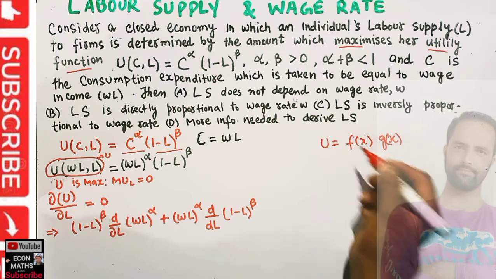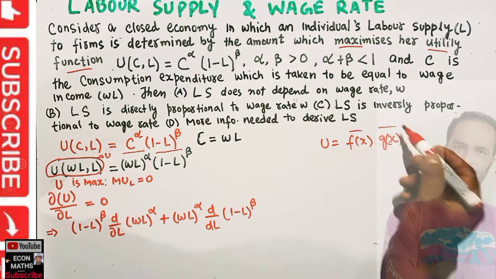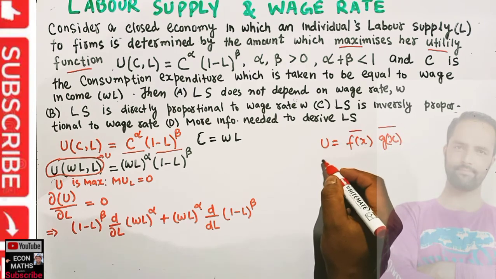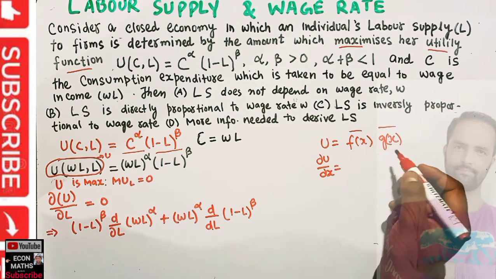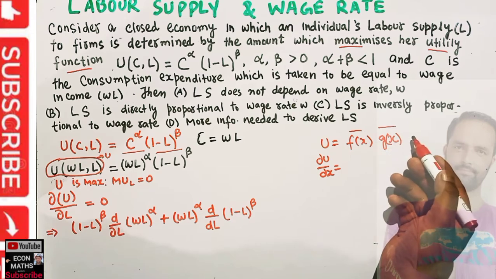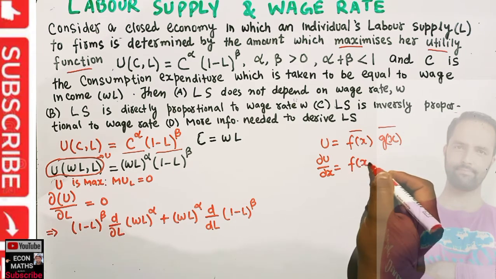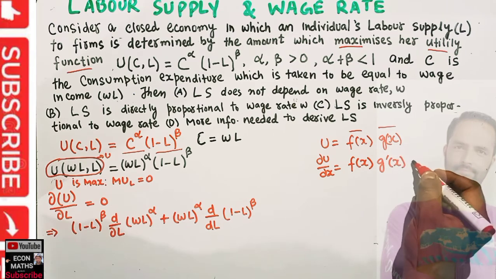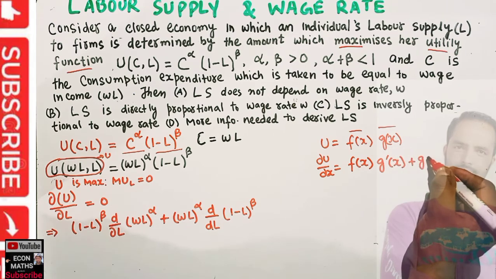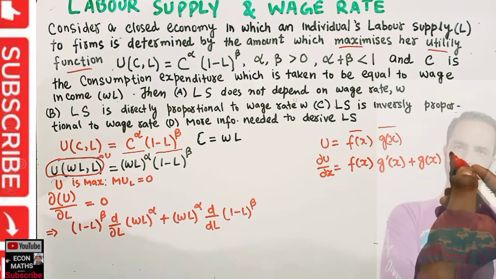If U is equal to the product of the two functions, the derivative with respect to x is: we write the first function, take the derivative of the second function, g dash x, then we write the second function as it is and take the derivative of the first function.